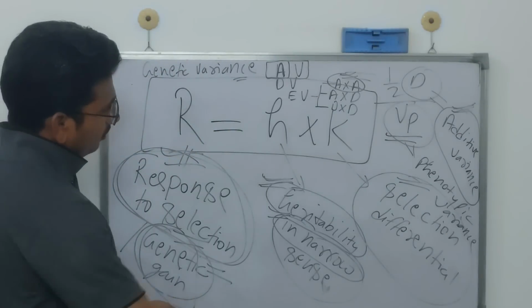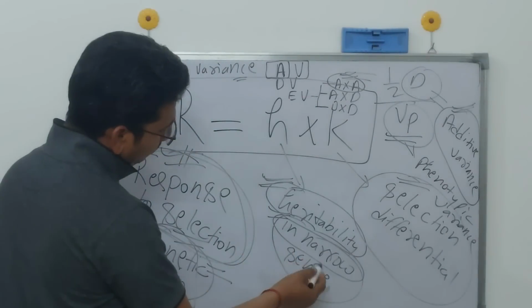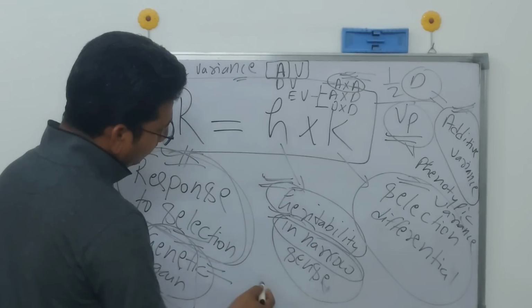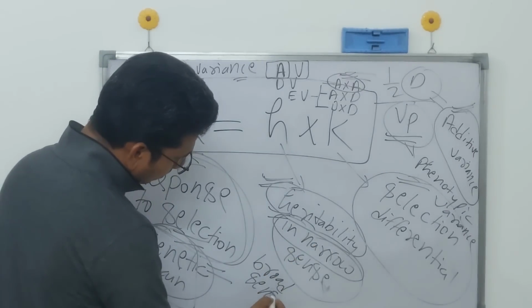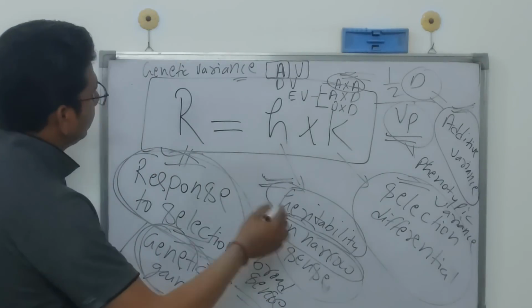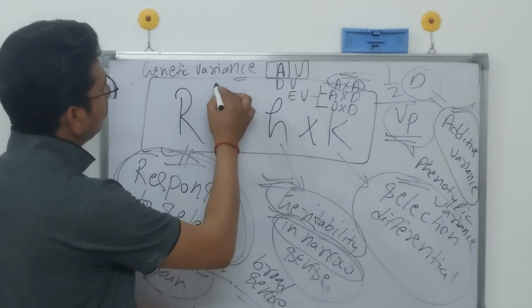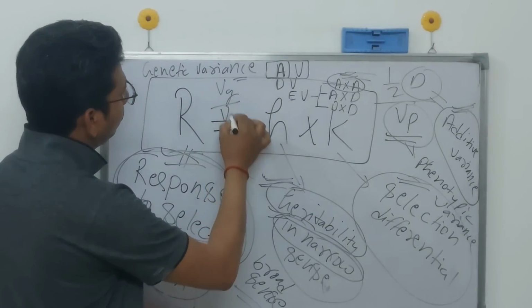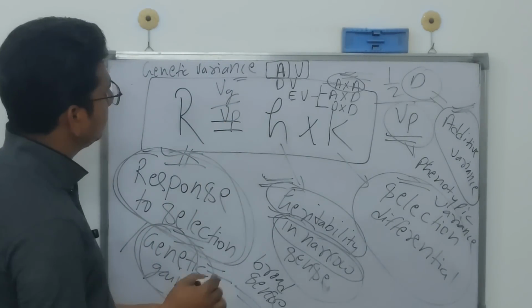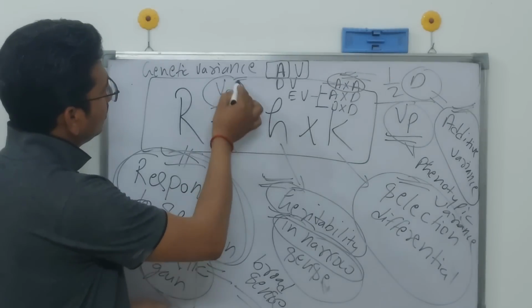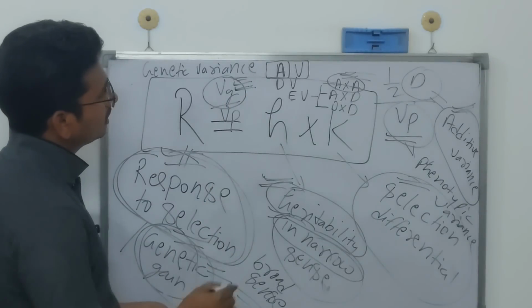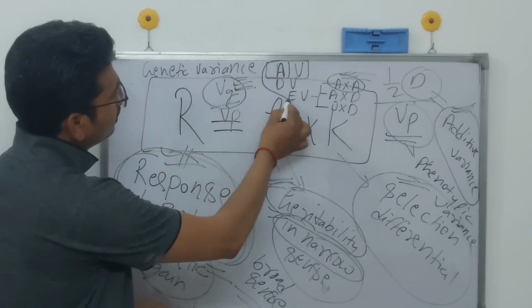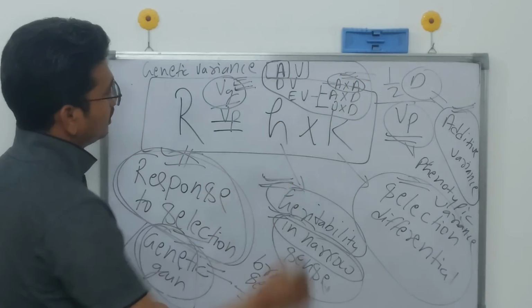If we talk about heritability in broad sense, it is equal to Vg upon Vp. Here we are using the genotypic variance, which includes all three types of variance.